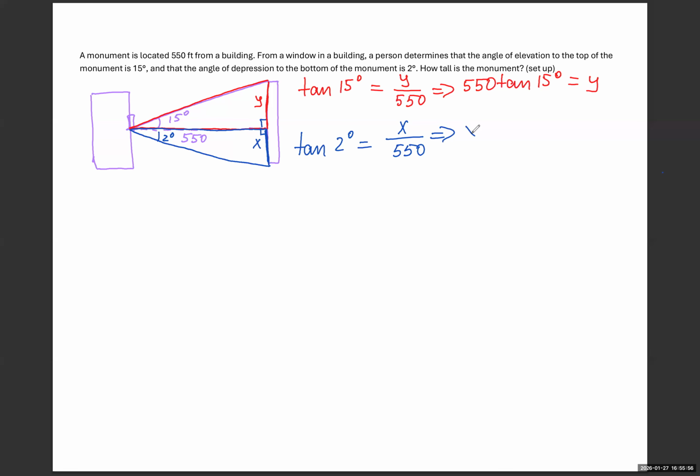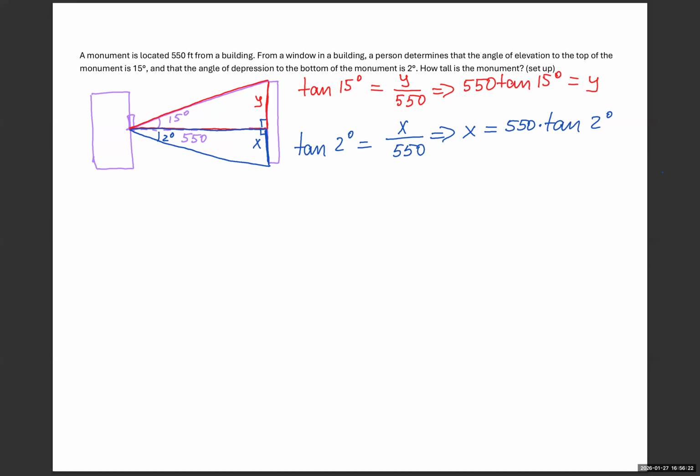Solve this for x. So x equals 550 times tangent of 2 degrees.